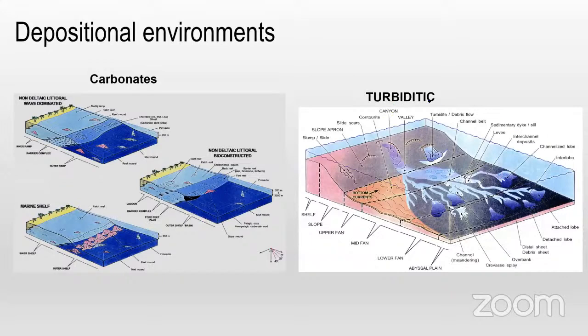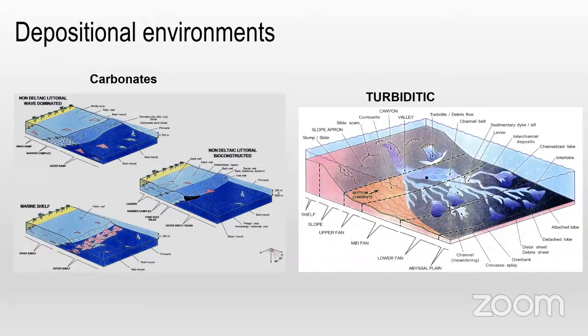But look at this turbidite environment or siliciclastic environment here. If we have turbidite, we know that in deep marine areas, we don't have very good reservoirs. But if we have turbidites, we have some channels in this area, we have some slides and debris flow in this area because we have debris flow channels.